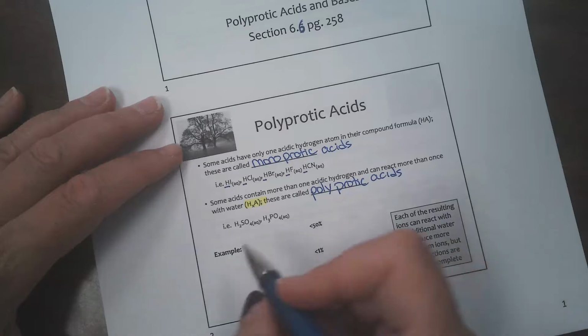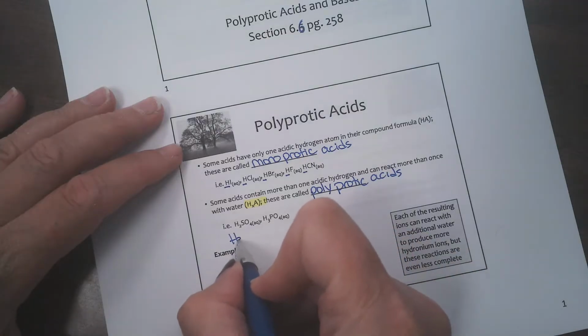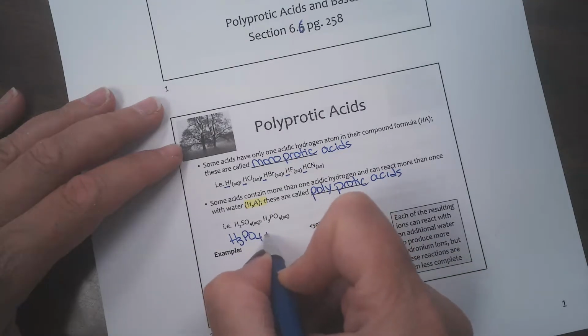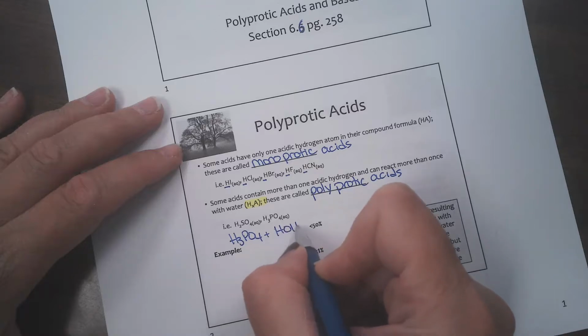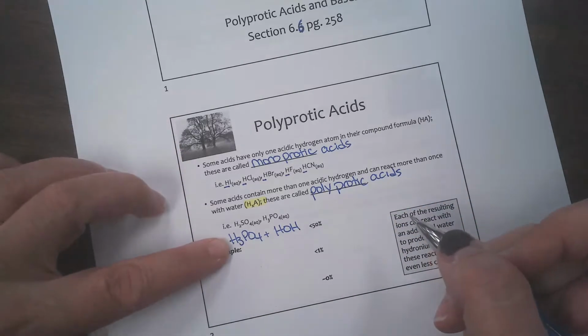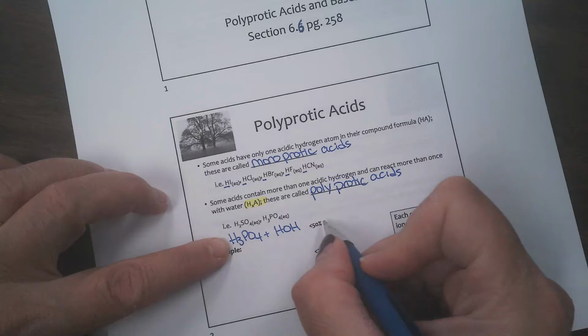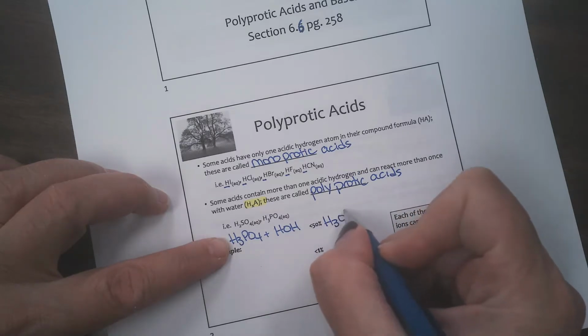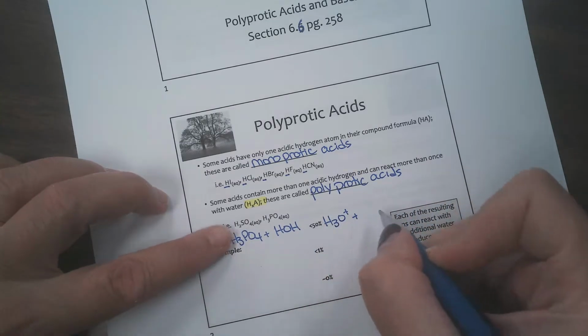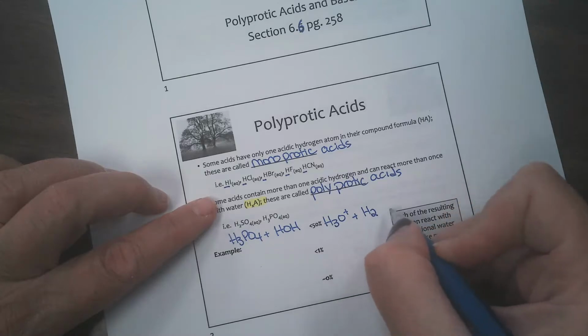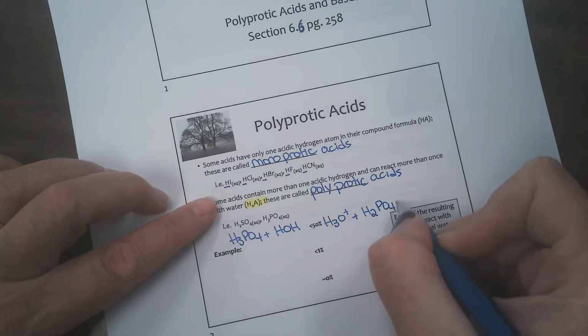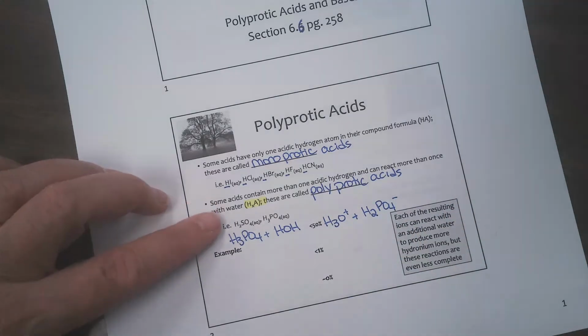Let's look at phosphoric acid. So H3PO4 plus water. H3PO4 is going to be the proton donor, H3O plus, and we're left with two hydrogens in our solution.